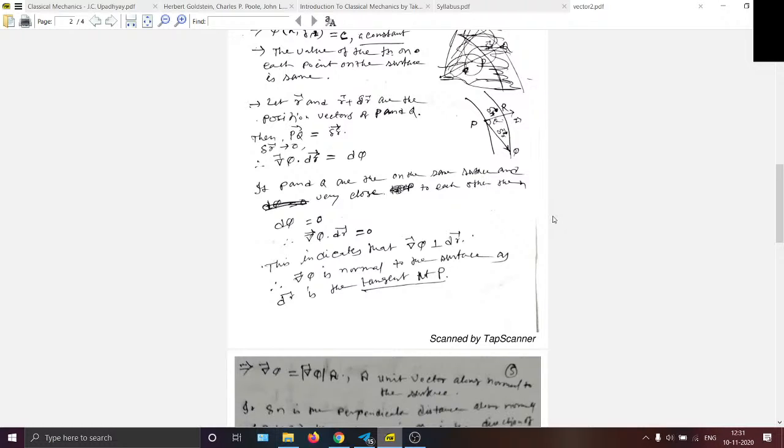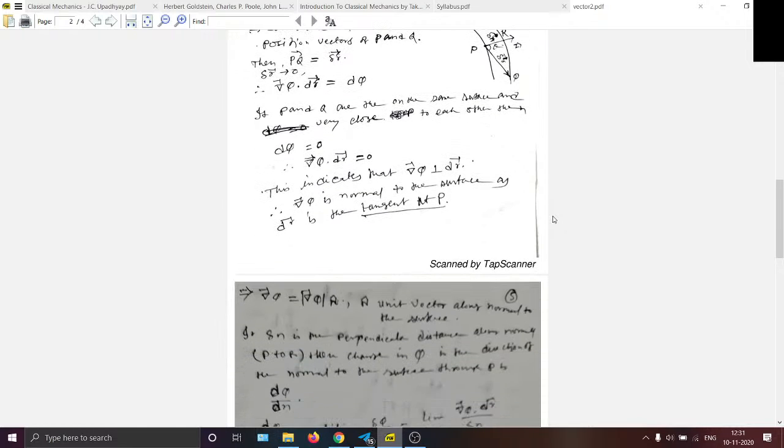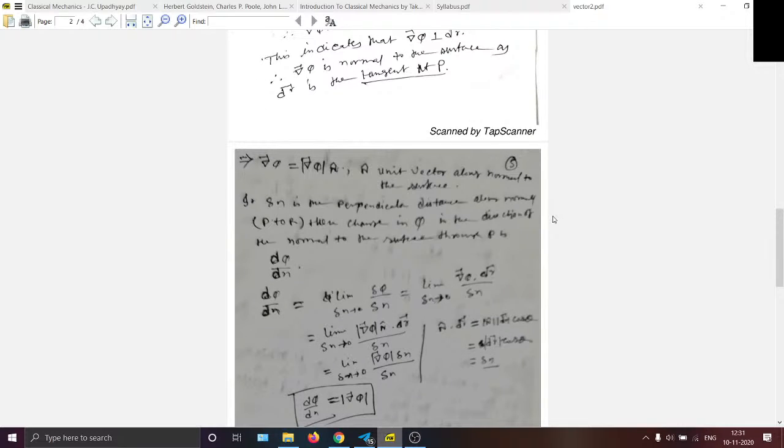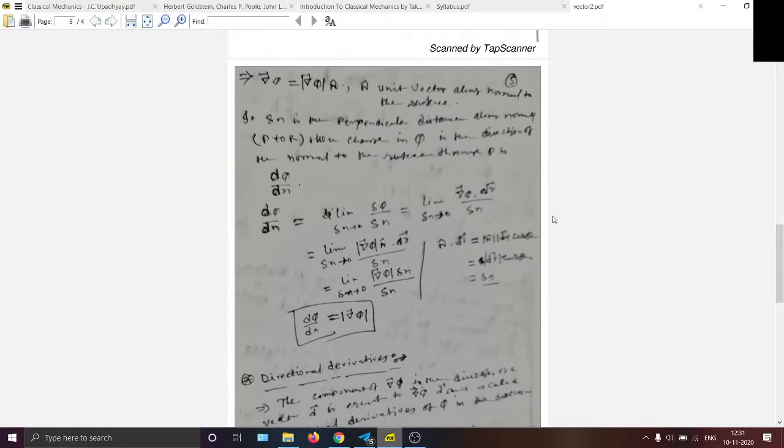That means n cap dot dr is delta n. So in this limit you can convert to d phi dn equal to modulus of grad phi. That means the change of your function phi along the normal is the modulus of your grad phi.